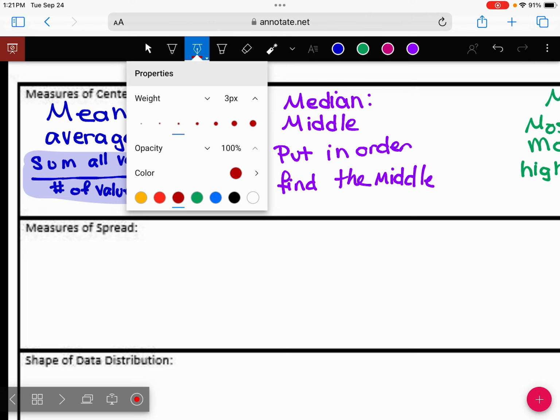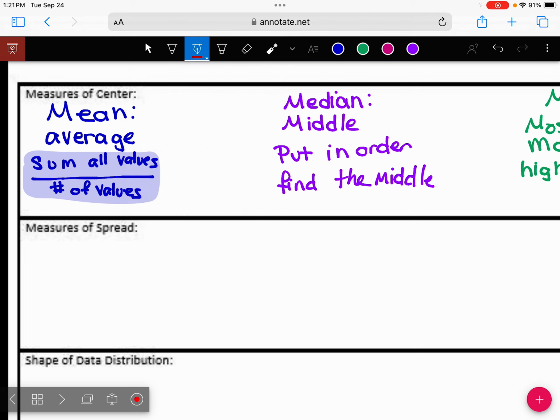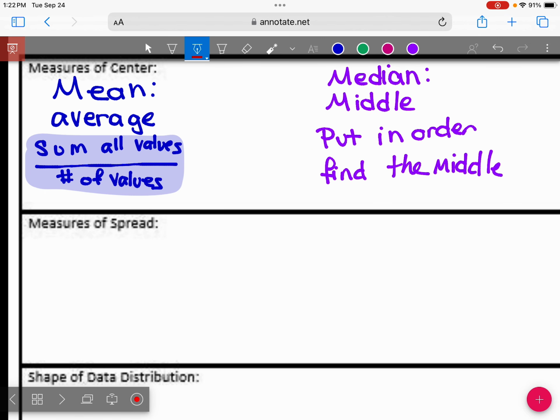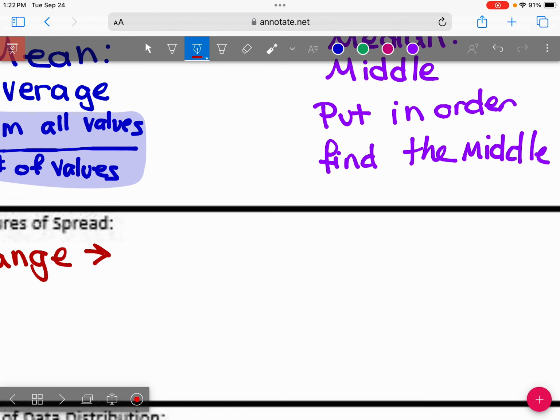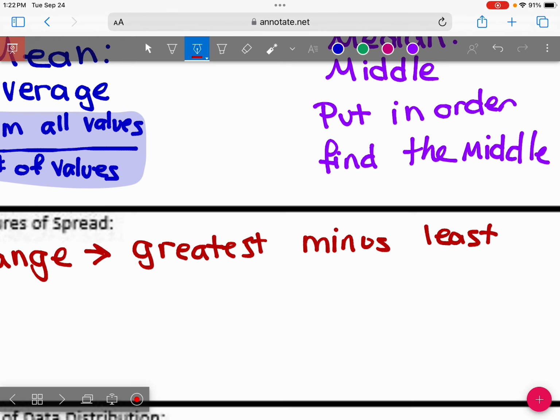Our two ways of measuring that, and we'll talk in more detail about each of these, is our range, which we might remember. This is our greatest minus our least. So it's how far apart the highest person is from the lowest person.